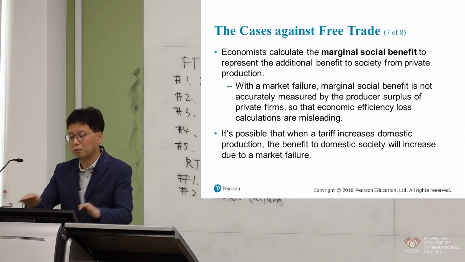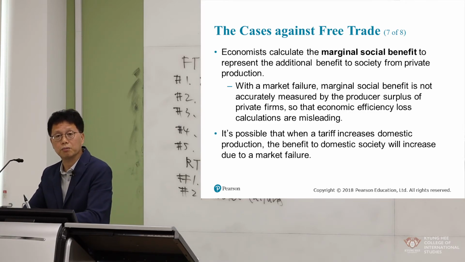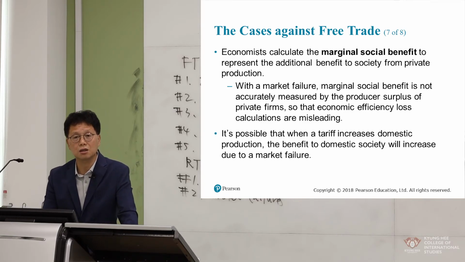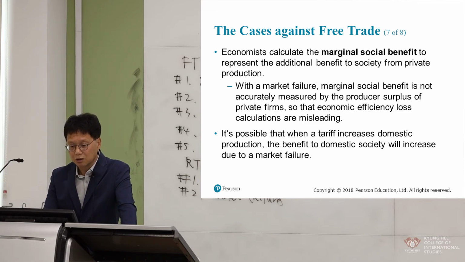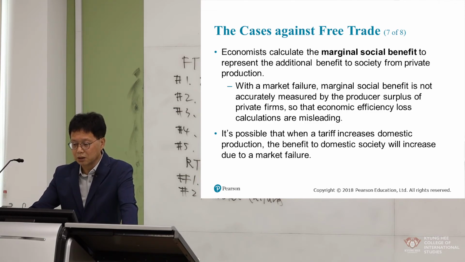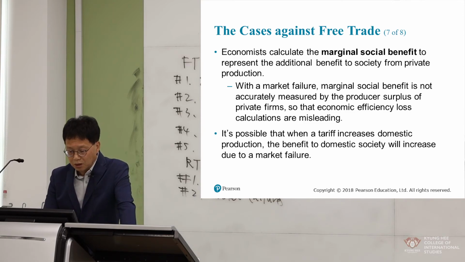But private benefit is different from social benefit because of external economies or negative external economies. So private one is different from social one. It's possible that when a tariff increases domestic production, the benefit to domestic society will increase due to market failures.